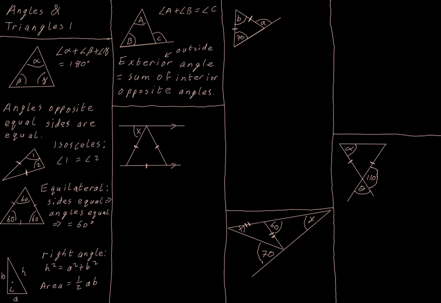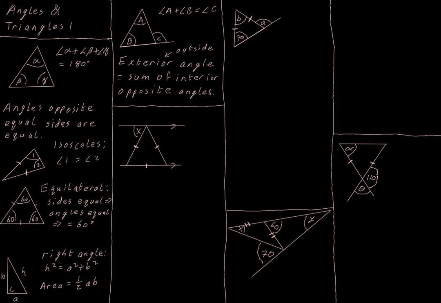The other type of triangle we often deal with is right angle triangles, and the tools that we know connected to that. So a right angle triangle has a capital L looking symbol, or it could also be turned the other way around, and you could have a box looking thing in the right angle corner. The tools we know for dealing with right angle triangles, the particularly important ones, are Pythagoras.